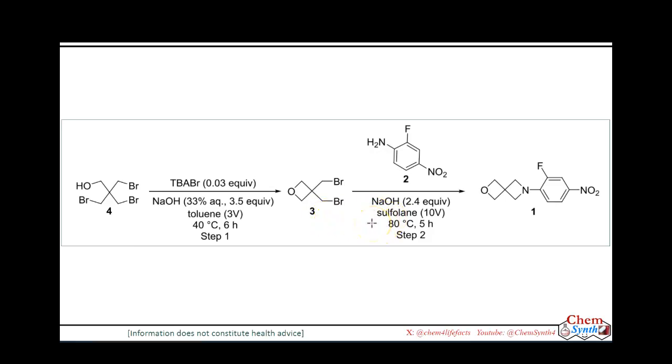Under heating condition they allowed the sodium hydroxide to dissolve completely. Then this amine was introduced, followed by very slow dropwise addition of this dibromo compound, which leads to the formation of the desired product, and impurity formation was very minimal.